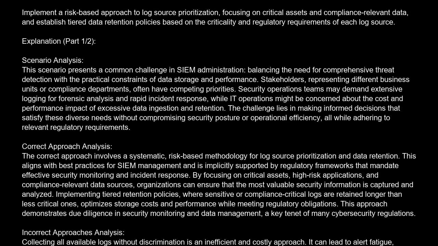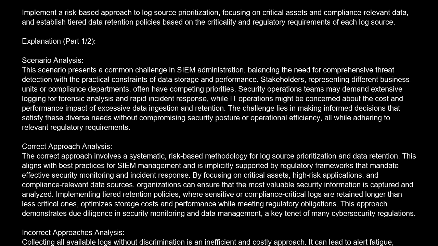Correct approach analysis. The correct approach involves a systematic, risk-based methodology for log source prioritization and data retention. This aligns with best practices for SIEM management and is implicitly supported by regulatory frameworks that mandate effective security monitoring and incident response. By focusing on critical assets, high-risk applications, and compliance-relevant data sources, organizations can ensure that the most valuable security information is captured and analyzed.